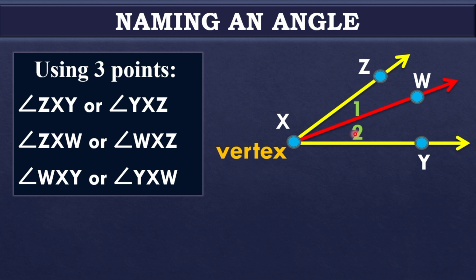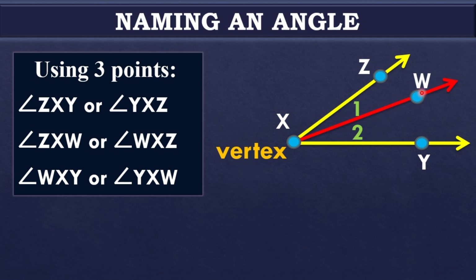So, yung isa nating angle, we have angle Z, X, W. Or angle W, X, Z. Okay, so ito yung second angle natin. Itong, ayan, yung yellow-red. Okay, and then the third one, ito naman yung red-yellow.